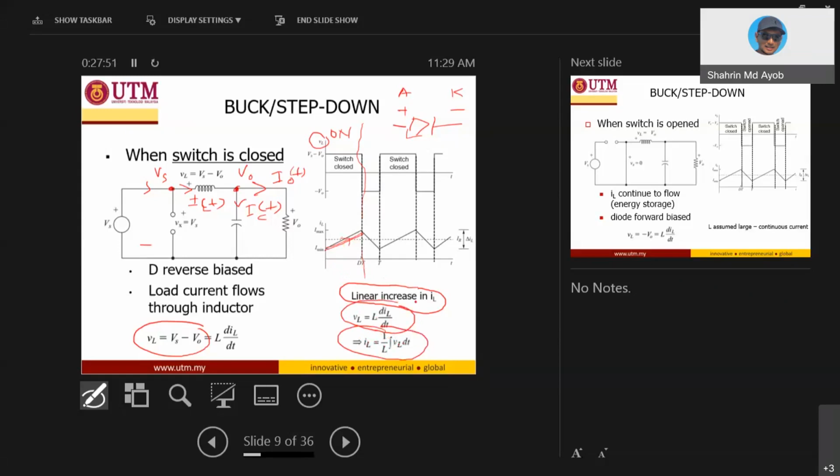Right now your VL is a positive constant. So you integrate a constant, you will have a positive linear increment. That is when the switch is on. You need to know the VL values and the current values. This one is very important. You need to know this.